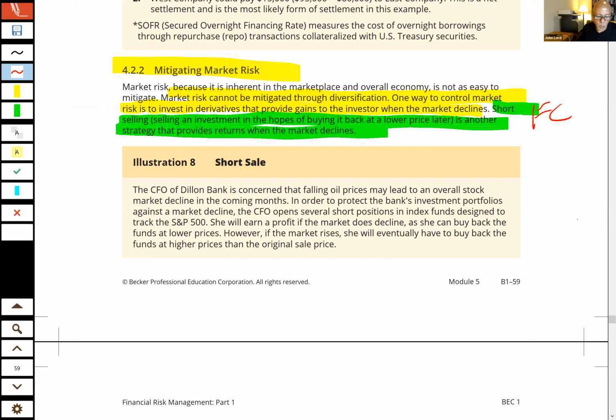And so I'm hoping that I'll be able to buy that stock when I have to give it back to you for, say, $70, and I have to give you 70, but I get to keep the extra 30. Okay, that's a short sale, and that was betting on the fact that the market would decline and the stock would go down.